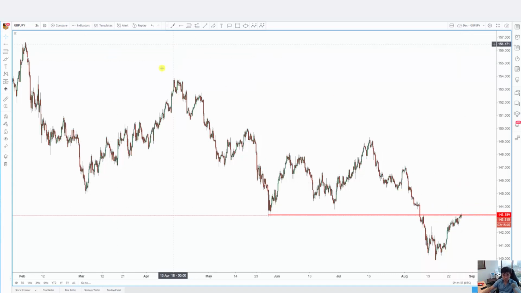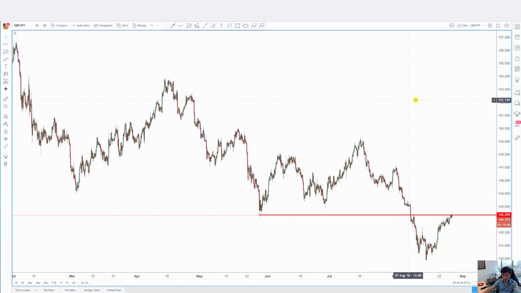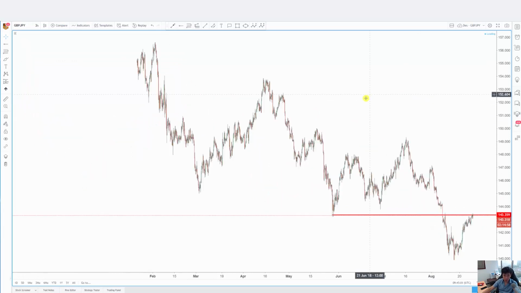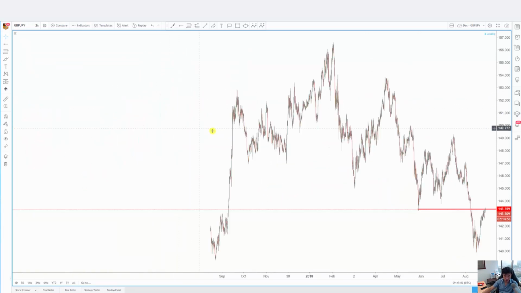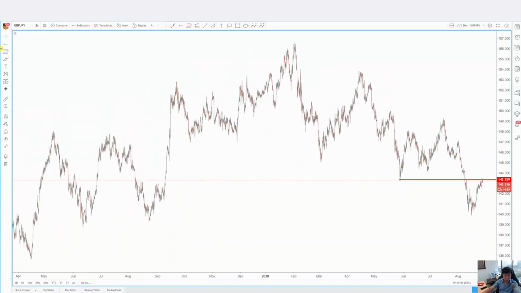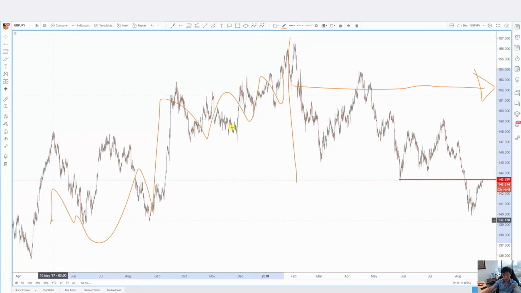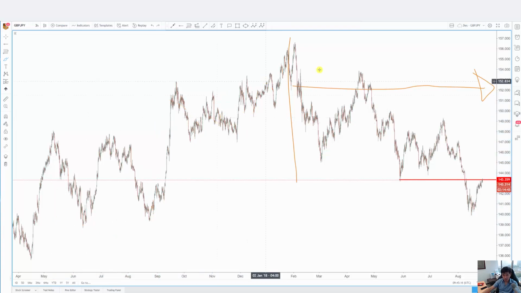Okay, now once I'm done with this, I'm going to start drawing my Fibonaccis. I can scroll back and notice that I should only be concerned with prices from here onwards. I do not care about any of this in the past, because over here is the highest significant swing high we should look at.